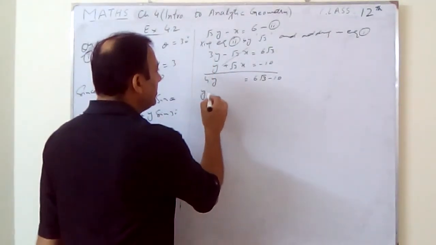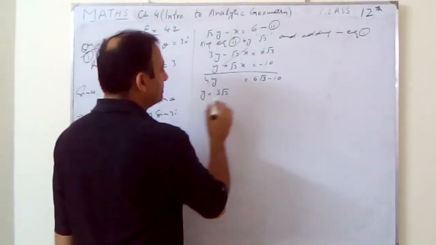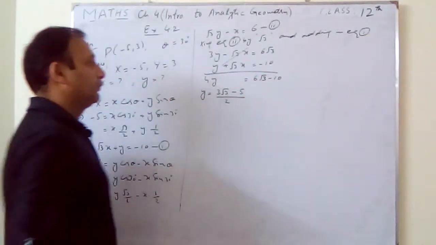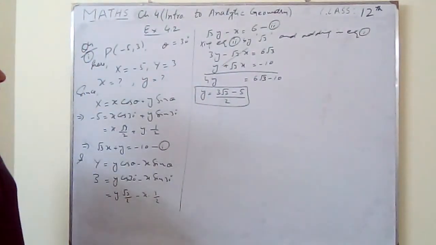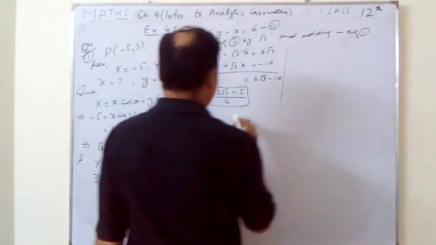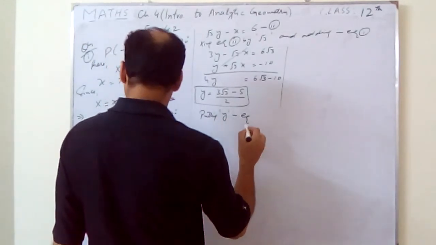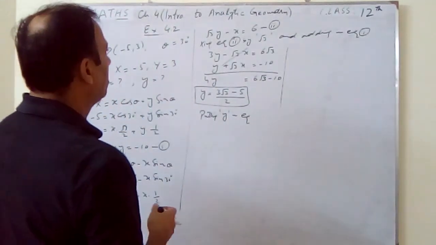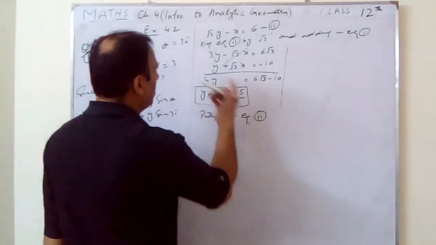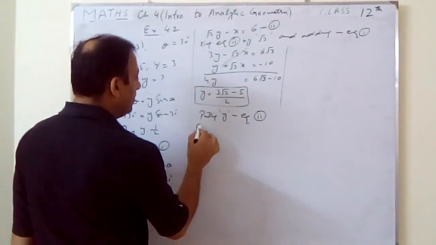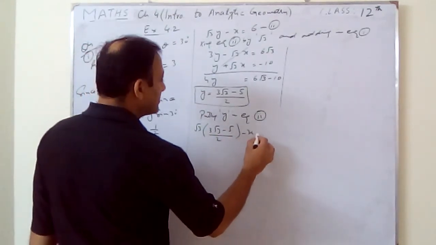Or y is equal to 3 into square root of 3 minus 5 divided by 2. This is the y coordinate. Putting y in equation number 2, or equation 1, whatever. So in equation number 2: square root of 3 into (3 square root of 3 minus 5) divided by 2 minus x is equal to 6.